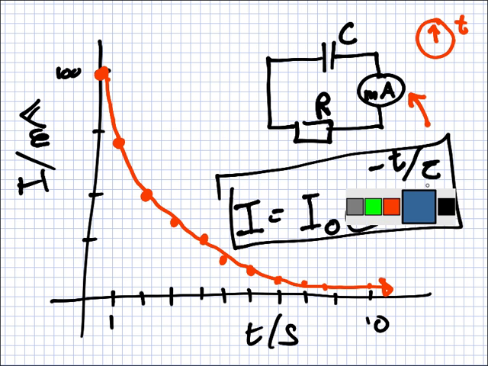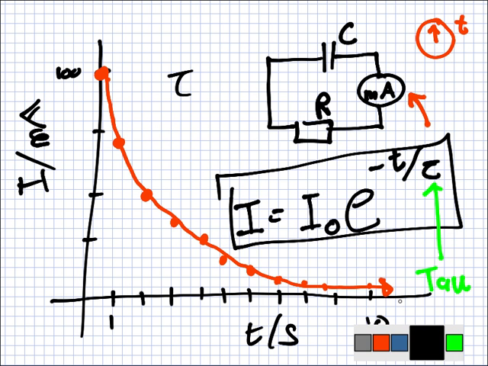Do you know this Greek letter? It's called tau. It kind of looks like a C and a T. Okay.